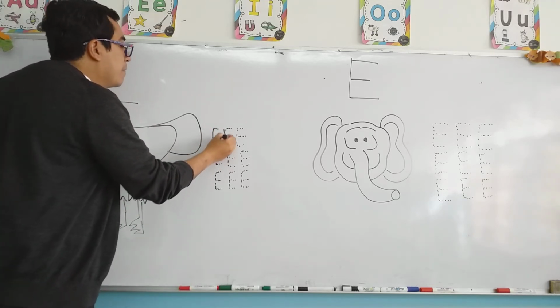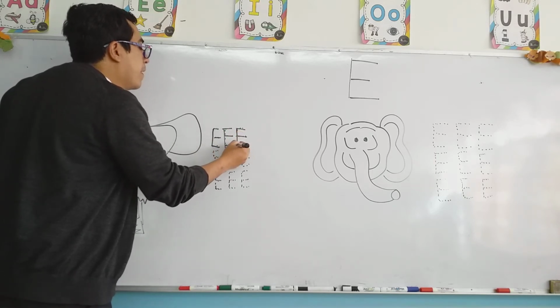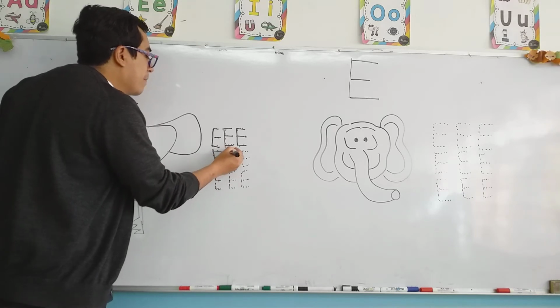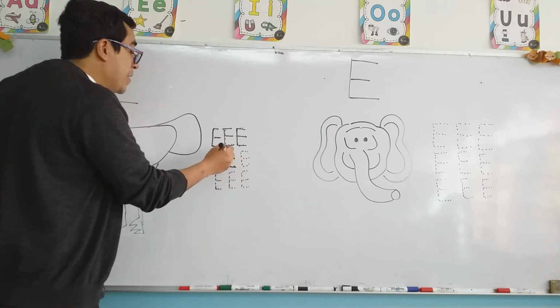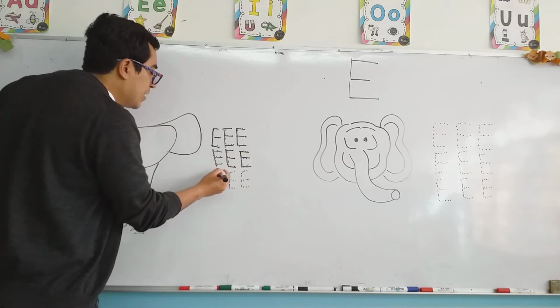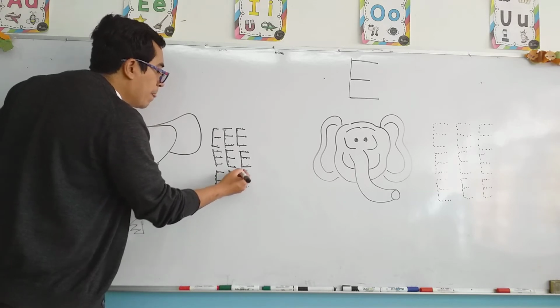Capital E. Capital E. Capital E is for elephant. I'm sorry, capital E is for eagle. Eagle is the biggest bird of all.